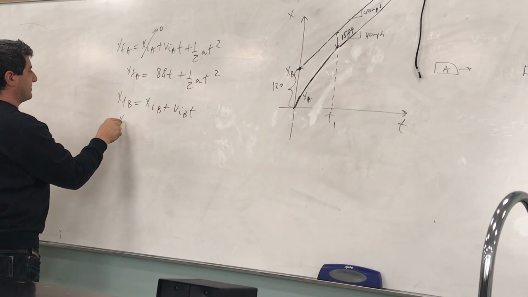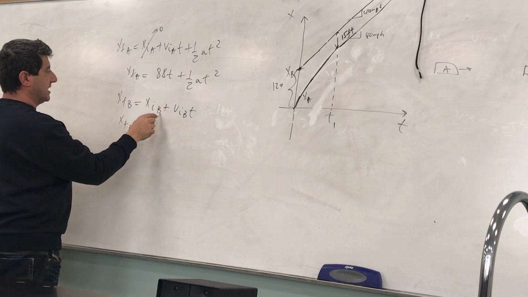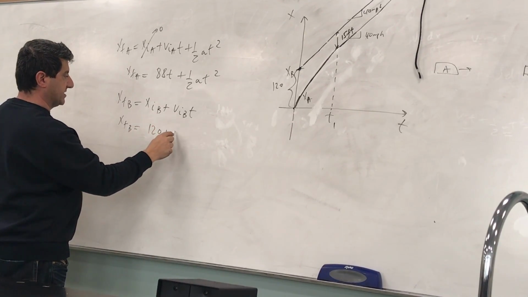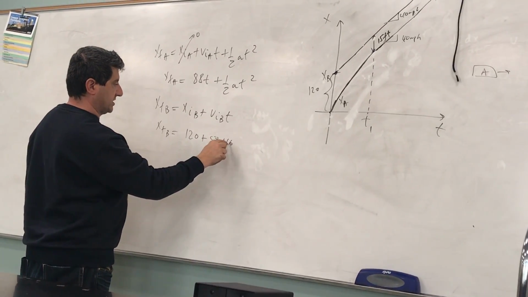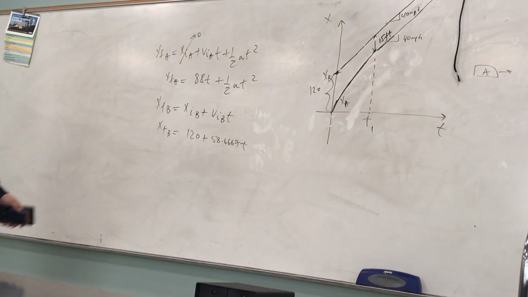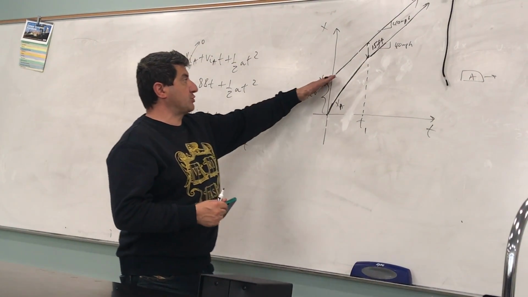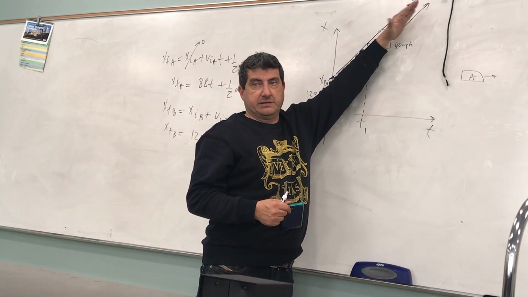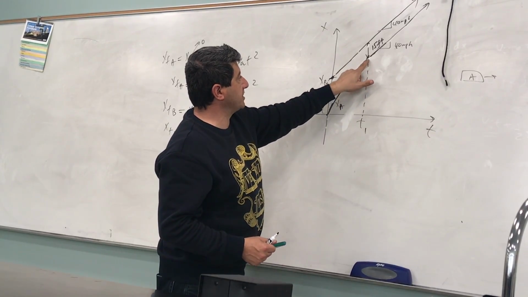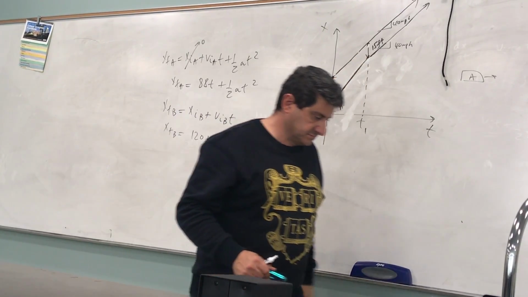So X final of car B is 120 plus the velocity of car B, 58.6667 T. So this gives you the equation of this straight line, right? And then the other gives you the equation of this guy up to this moment, right?